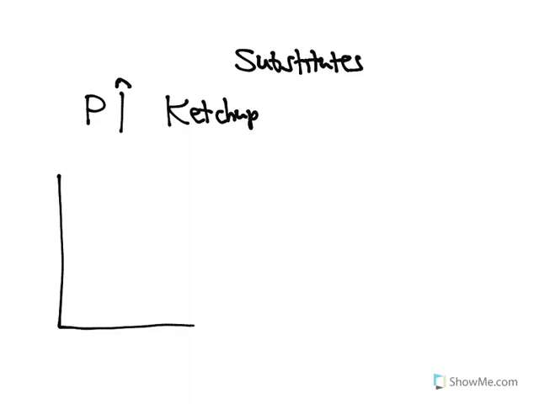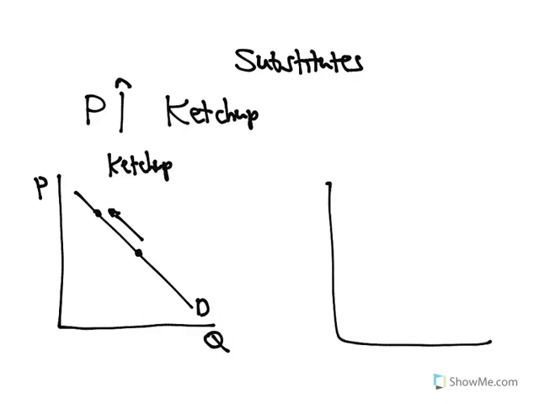So in the ketchup market, for its demand, it's a movement along the demand curve because the price of that good changed. So this is for ketchup. And then for mustard, remember we said we're going to buy more mustard now because the substitute was more expensive, so we're switching to the cheaper good.